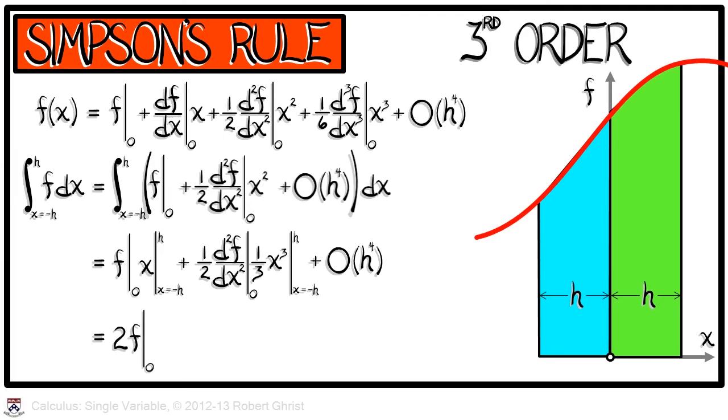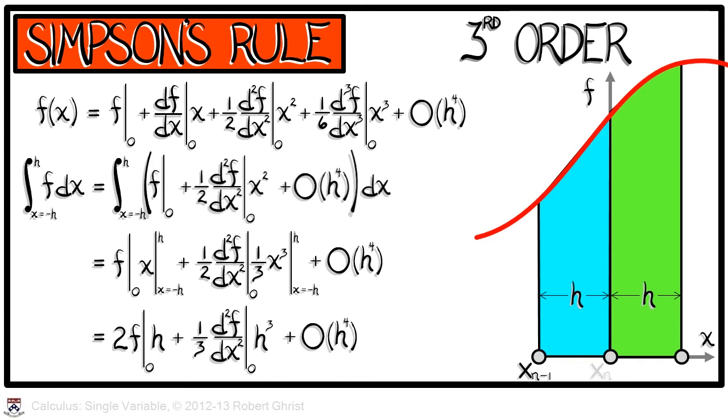Now, when we evaluate from negative h to h, we can simply evaluate from 0 to h and pull out a constant of 2, if we like. This gives us an expression for the integral that requires knowing the function value at 0 and the second derivative of that function at 0.